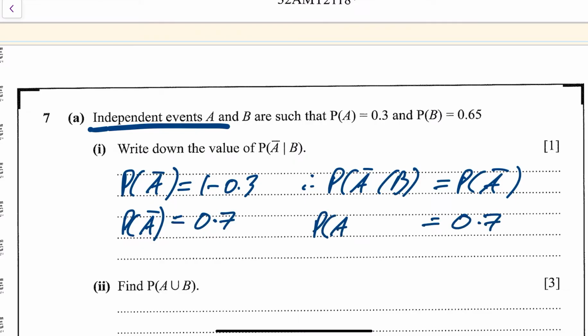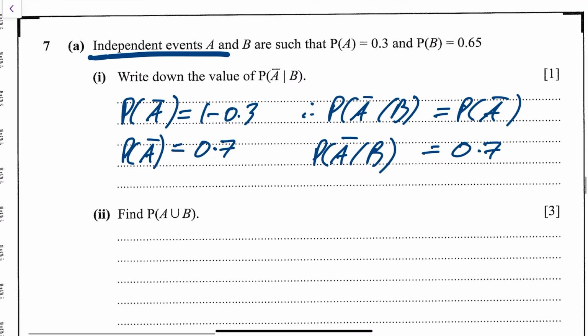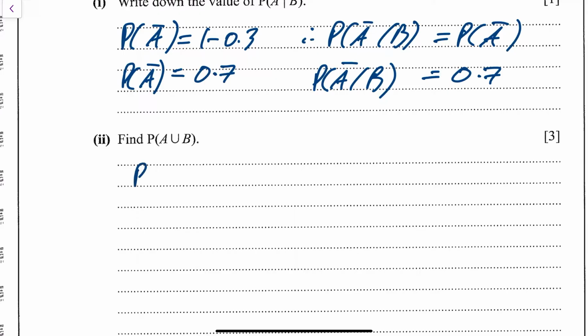So that's what we've worked out. Probability of not A given B just equals 0.7. B happening or not happening has no impact on A not happening. Next one we want to find is probability of A union B. I will just write down the formula for it.